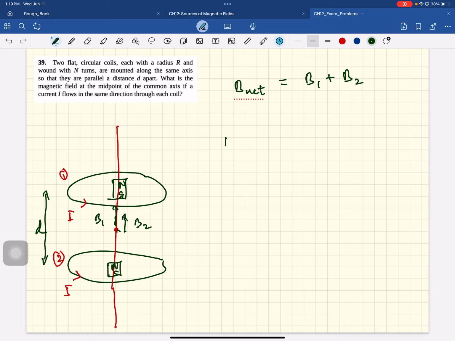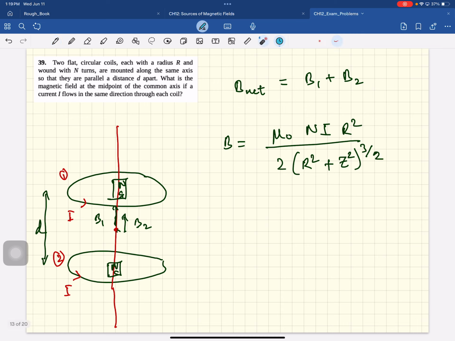Okay. What is B? You just saw the expression: mu naught N I R squared over 2 times R squared plus Z squared to the power 3 halves. Z is negative d by 2 for loop 1, but then it's Z squared, so the negative dies. For loop 2, Z is d by 2.